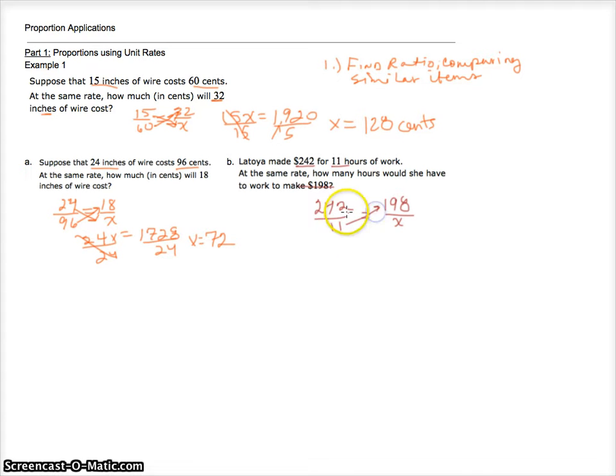Here I'm going to cross multiply. I'm going to have 242x equals 11 times 198. That equals 2,178. I'm going to divide both sides by 242.